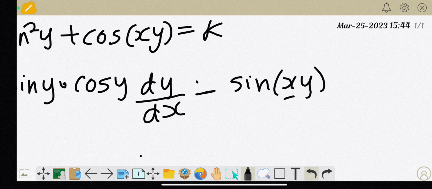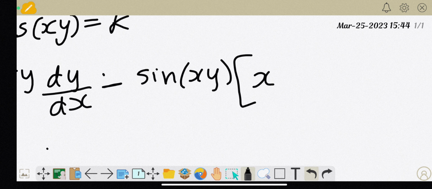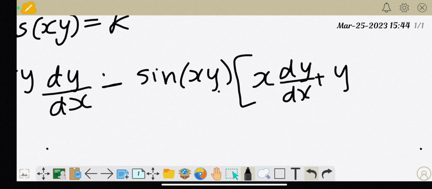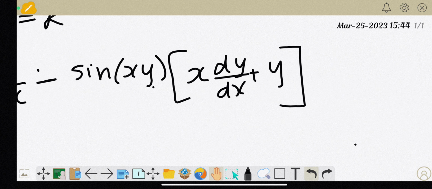Then whatever term is inside, that derivative you have to do. That is equal to first into differentiation of second plus second into differentiation of first. Second is y, differentiation of x is 1, correct? And see what is on the right hand side, it is a constant k, which is equal to 0.